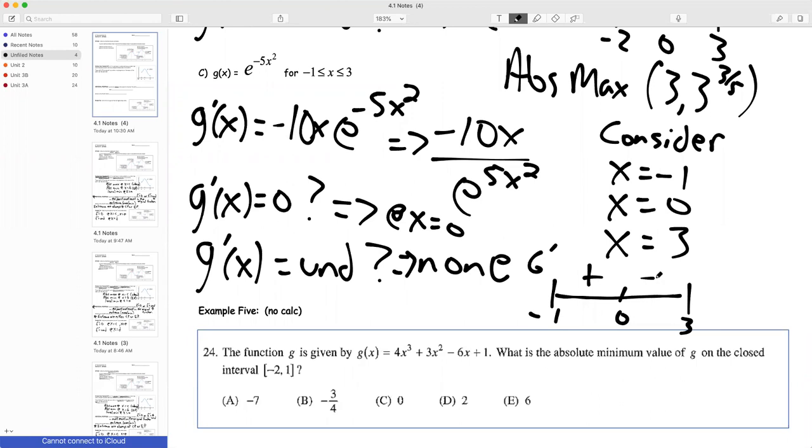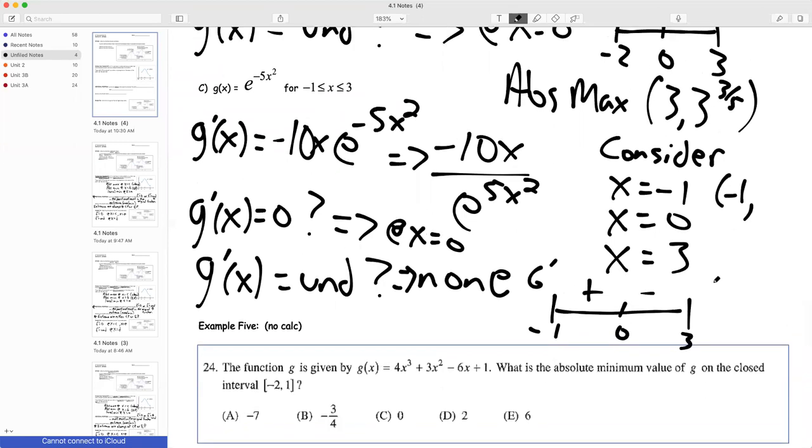So I'm going to take these values and plug them in and see which one of the y values is the highest. All right, so if I take -1 and I plug it into the original equation, I'm going to have e to the -5th times 1. So that's going to be e to the -5.